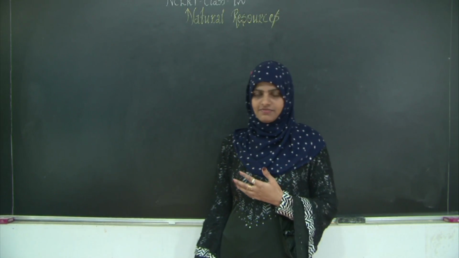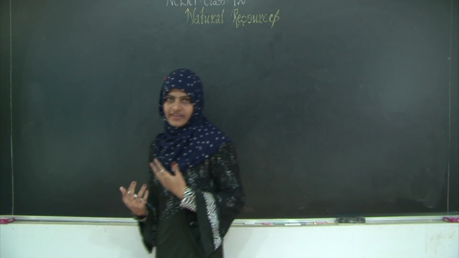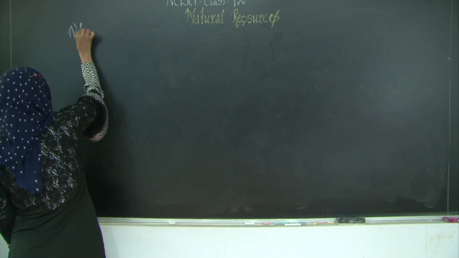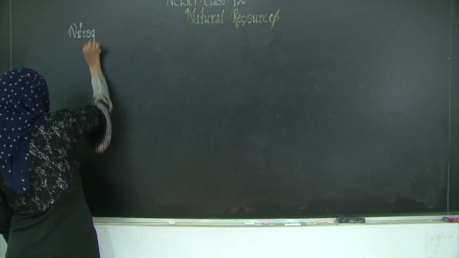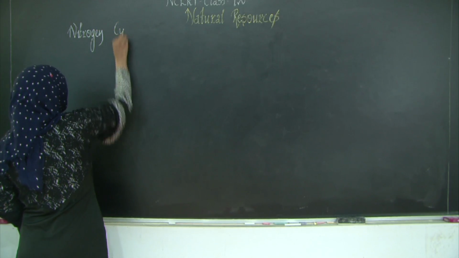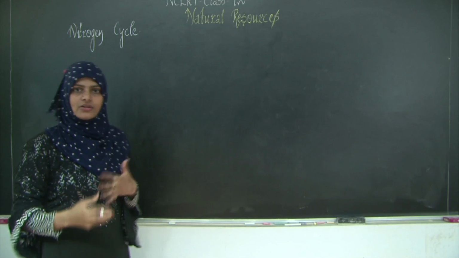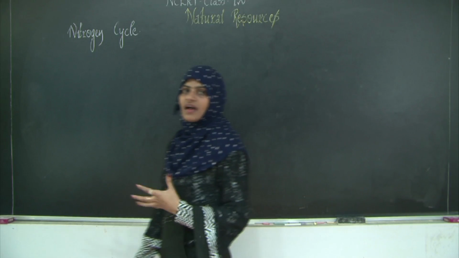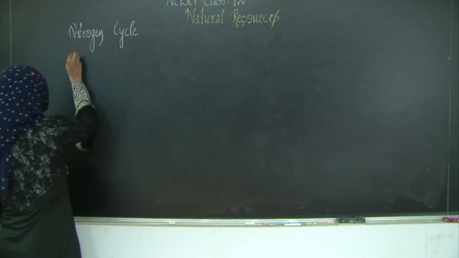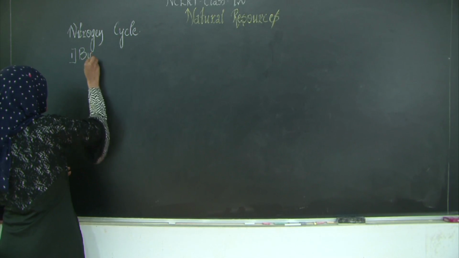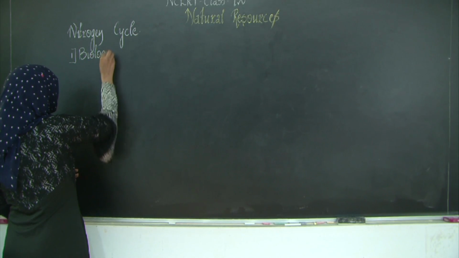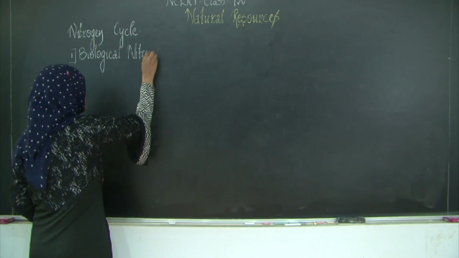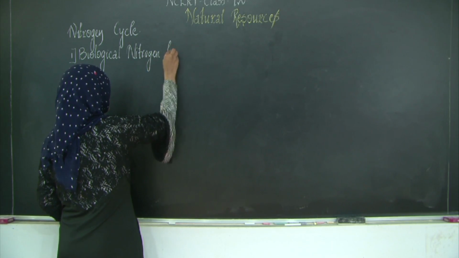to the atmosphere. We have already studied the constituents of air and we know that nitrogen is around 78% in the air. So, let us study the movement of nitrogen from the atmosphere to all the biotic and abiotic components and again coming back. Majorly the nitrogen cycle has a few processes, the first one being biological nitrogen fixation. The name itself says that this nitrogen fixation will take place because of biological things.